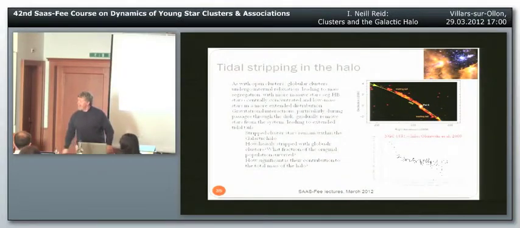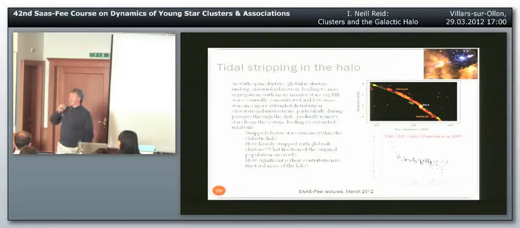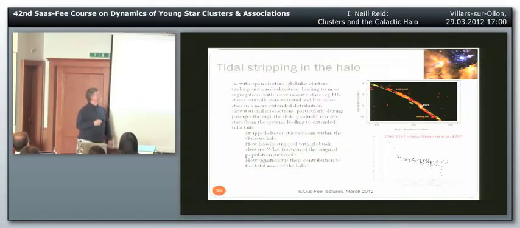Yes? Can I be terribly annoying? Please tell me off if you feel the need. You call this tidal stripping, but in principle it is a different physical mechanism, because it is just the two-body relaxation that shoots out stars over a tidal boundary, whereas tidal stripping suggests that the tidal boundary decreases and therefore removes some outer layer of the stars.